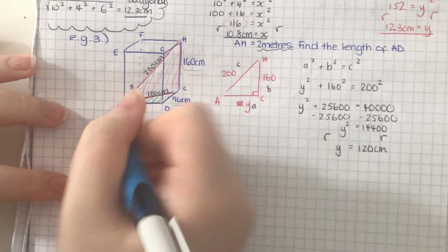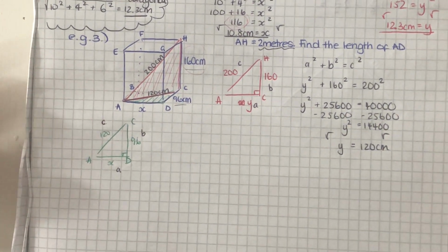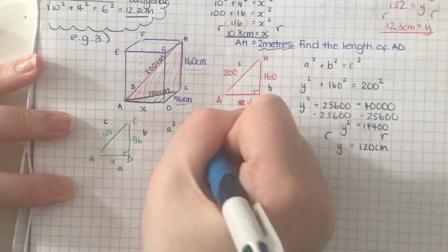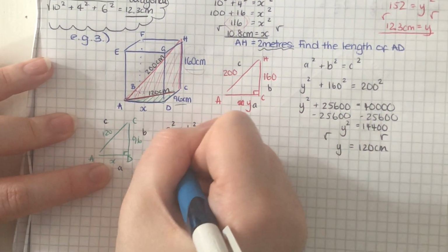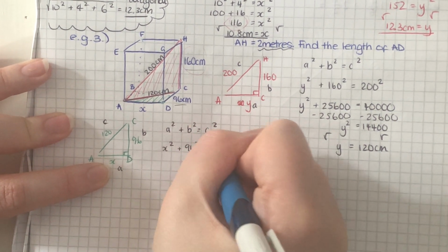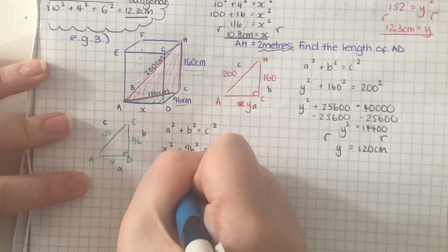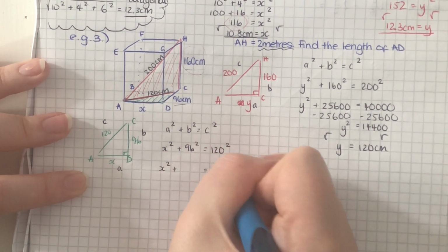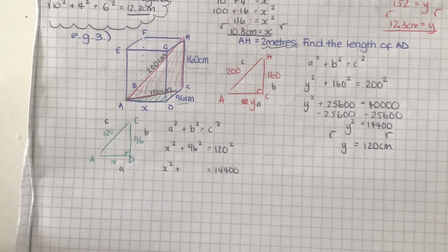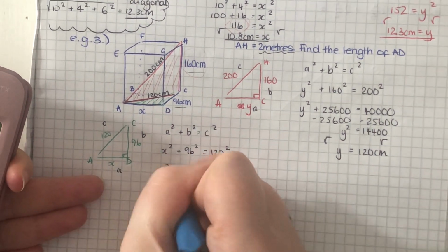Okay, so again, label them C, A and B, and then use Pythagoras. So sub it in, so A is X, B is 96, C is 120. I know that's 14400. 96 squared is this.